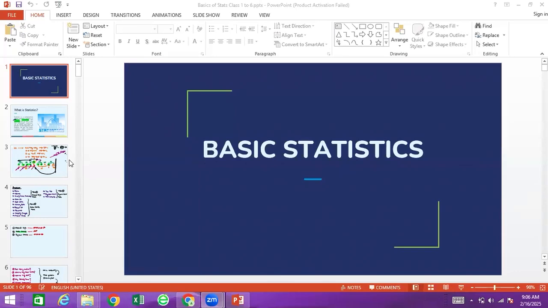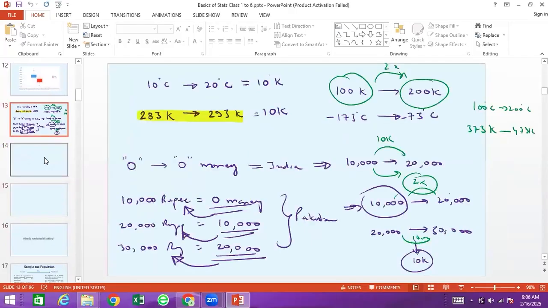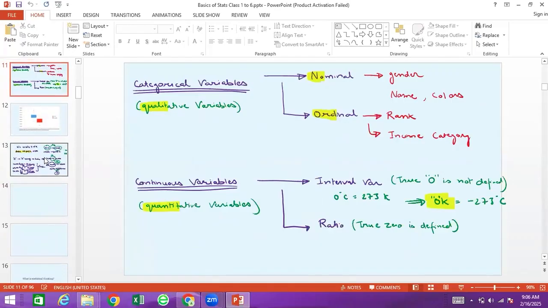Okay, let's start. So yesterday, before we concluded the class, we were discussing the different kinds of variables that we have. We have categorical variables, that is the qualitative variables, and then we have continuous variables, that is the quantitative variables.